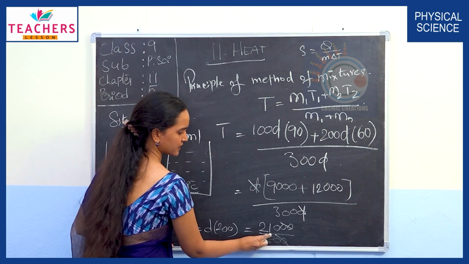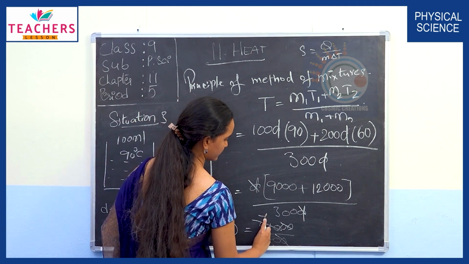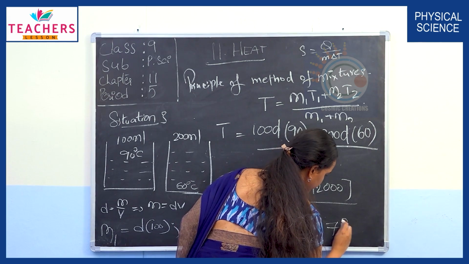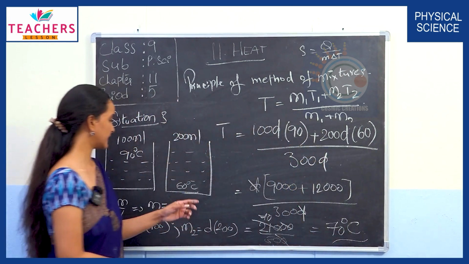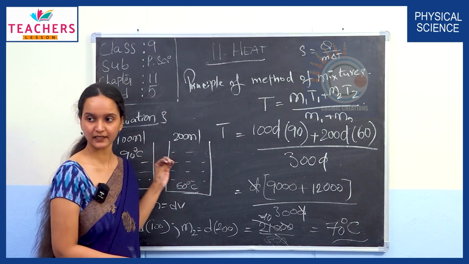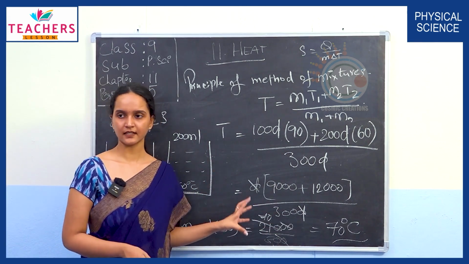Zeros are cancelled, 3 sevens are 21, so 70. 70 degrees Celsius is the resultant temperature of the mixture. It would exactly be 70 degrees Celsius.